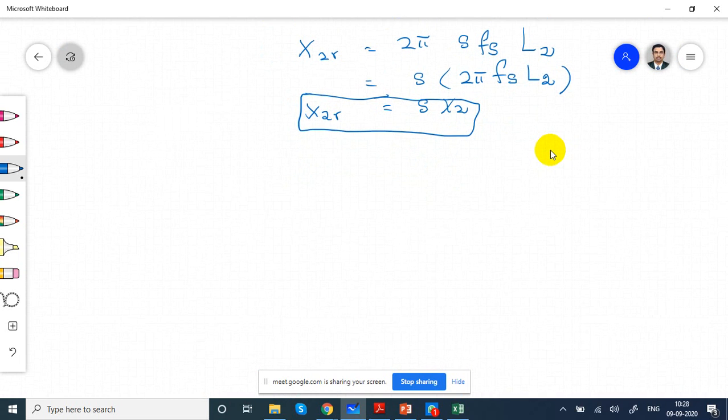And fourth one is rotor impedance. In reactance we have tried the impedance.